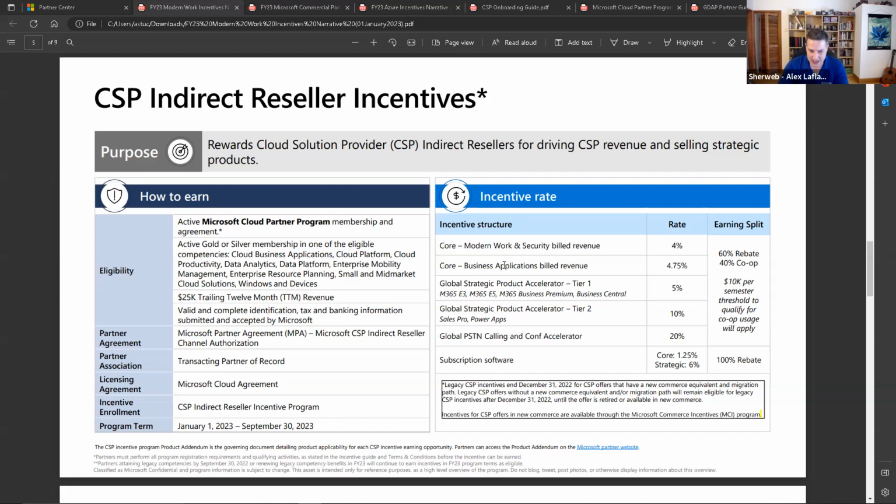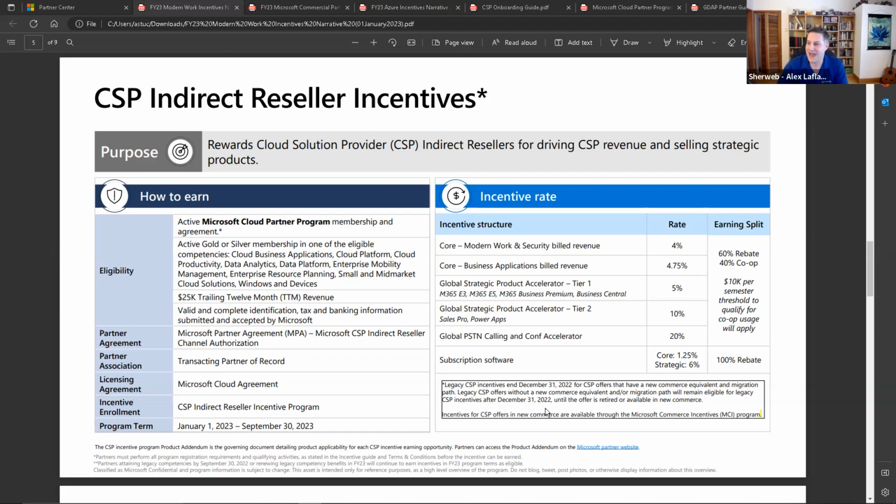But in this slide here, it is the asterisk that I was talking about for what Nick was saying. So this is the CSP Indirect Reseller Incentives Program. This is the program that governed everything on the legacy platform, all licenses that were not on NCE yet. This program, when it comes to all of the main licenses, the standard licenses, has stopped paying incentives as of the end of last year.